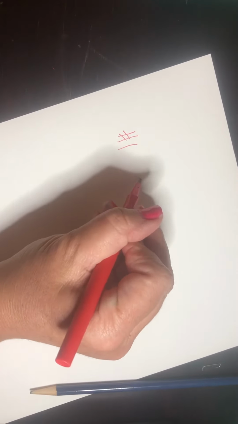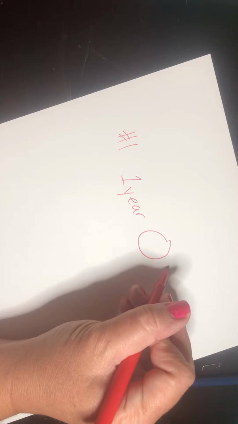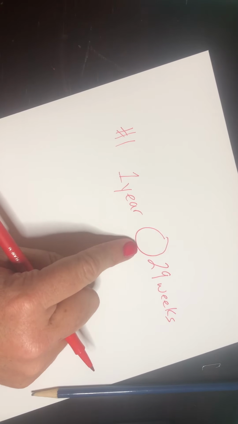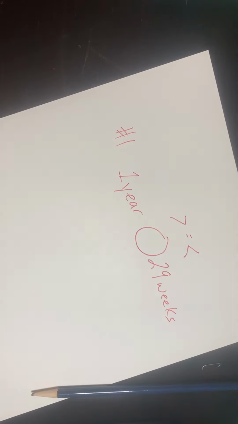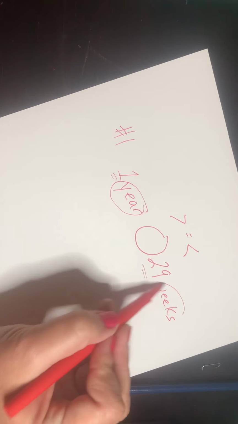For example, if I wanted to say that I had 1 year, or I had 29 weeks. I'm going to think, is this bigger than, equal to, or less than? I don't want to just look at the 1 and the 29. That'd be silly because these, of course, are different words.